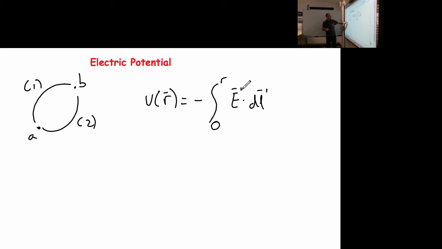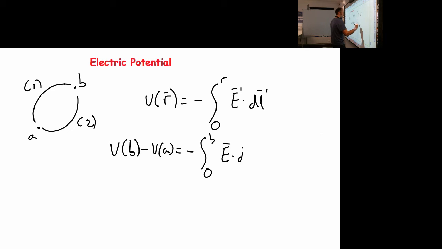Now what is the potential difference between our 2 points A and B? So we can write this as V of B minus V of A equal to minus the integral from our reference point O to B of E dot dl, minus the integral from O to A of E dot dl.